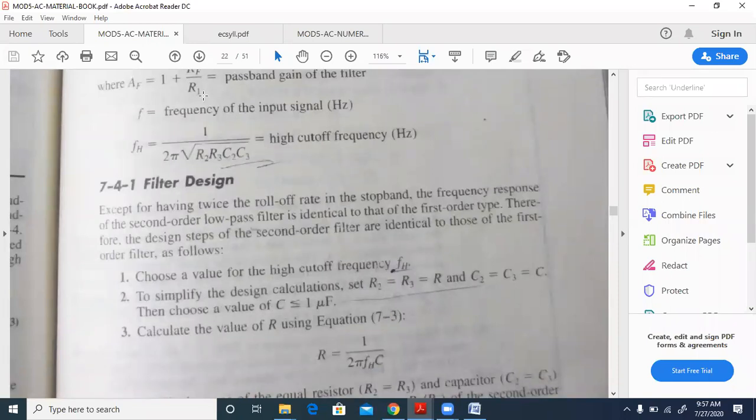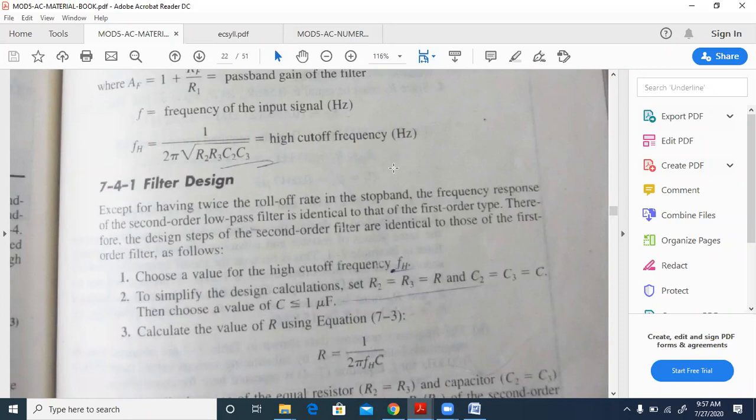So 1 plus RF by R1 will be the value to calculate. R1 you take as say 1 kilo ohm. Then RF will be correspondingly something like 5.86 kilo ohms. Okay, 5.86 might not be available.